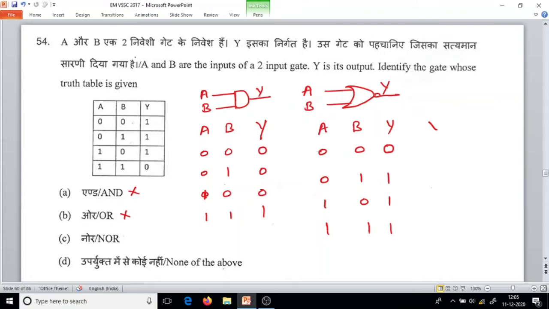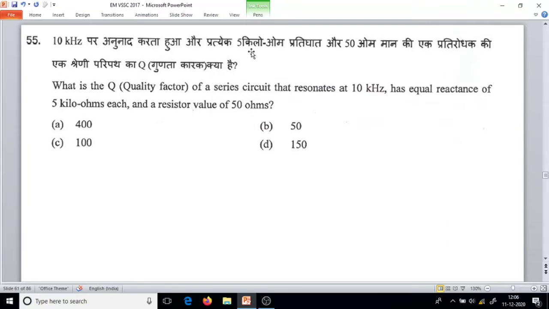If we take Y complement, the complement of OR gate, you will get NOR gate. So what will be the output? 1, 0, 0, 0. So this doesn't represent NOR gate also. So the answer is option D, none of the above. We'll go to the next question.